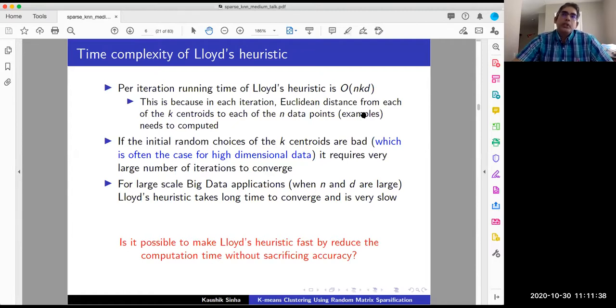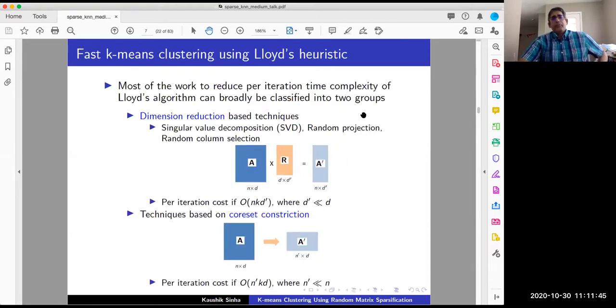The goal is to reduce the computation time without significantly sacrificing the accuracy of the k-means clustering. And over the years, there has been much work along that direction, that is, to reduce the computation time without sacrificing the accuracy or the cluster quality too much.